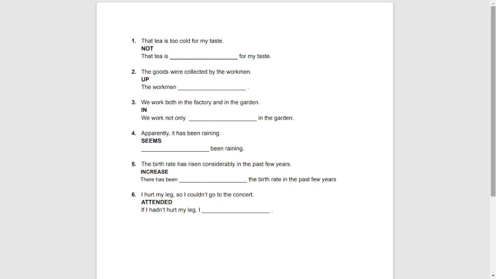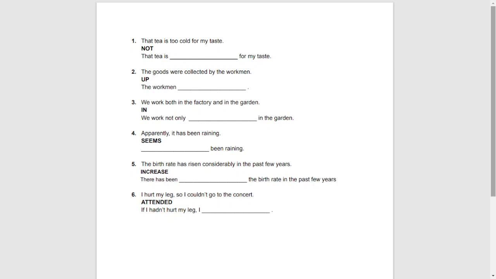Now that has 9 words. We've gone over our maximum word limit. We also have not included the keyword attended. So, how do we sort this out? If I hadn't hurt my leg, we will not say would have. We can use an alternative structure: I could have, and we will not use gone.